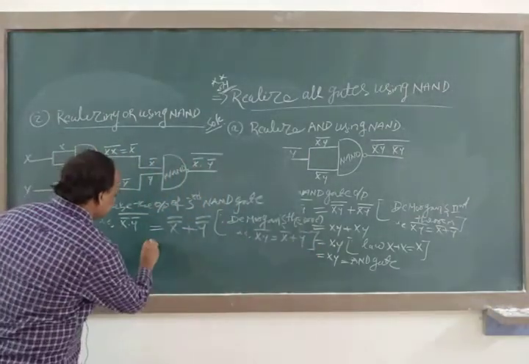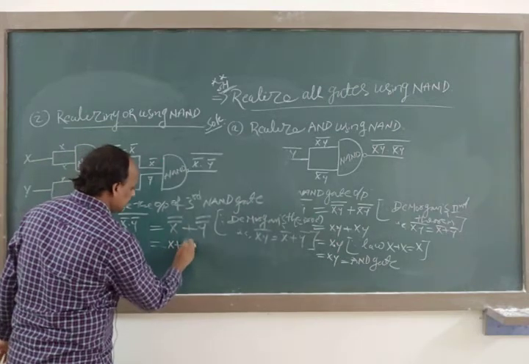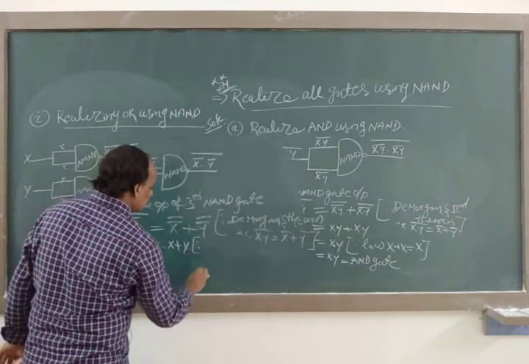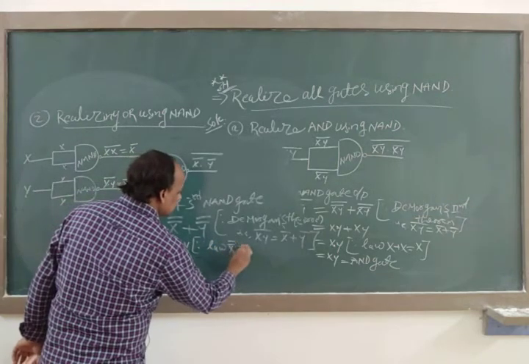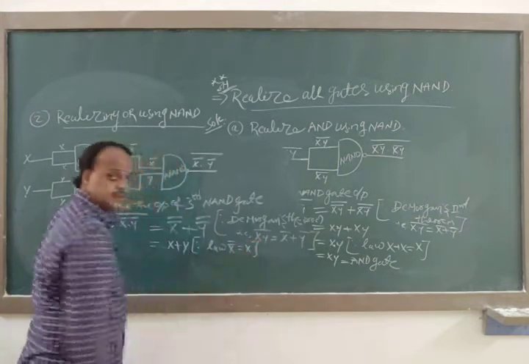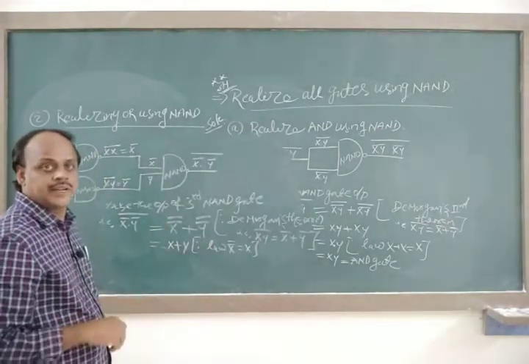Now x double bar can be written as x, and y double bar can be written as y, because of the law, what is the law? x double bar is equal to x, right? So at every step we have to write what law is used, then only we get marks.